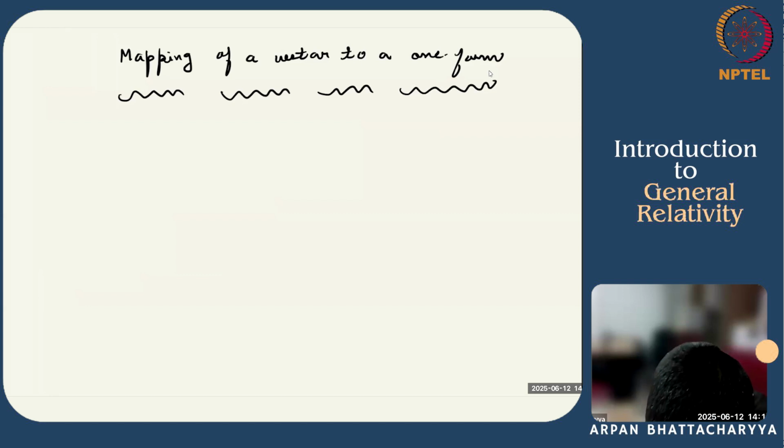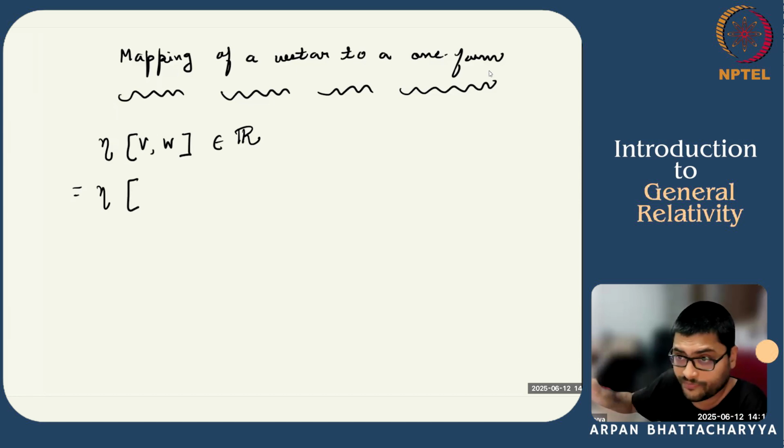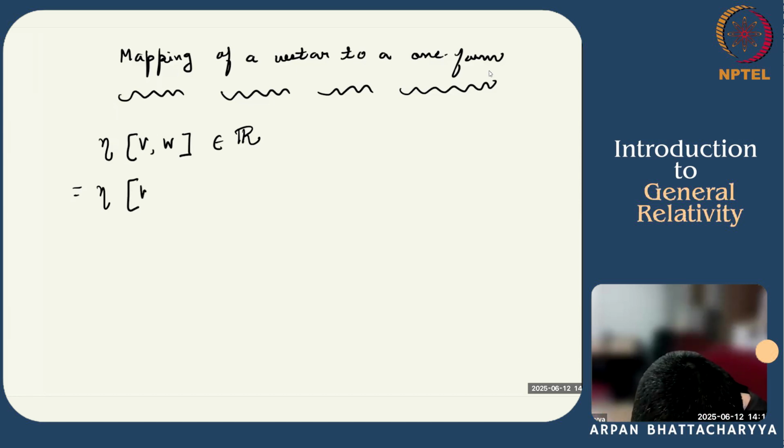So we know that eta is a (0,2) rank tensor. Also, it is symmetric. That means that if we supply it with two vectors, let's say v and w, first of all, it will give us a real number. Also, it is the same as if we interchange the position of w and v.